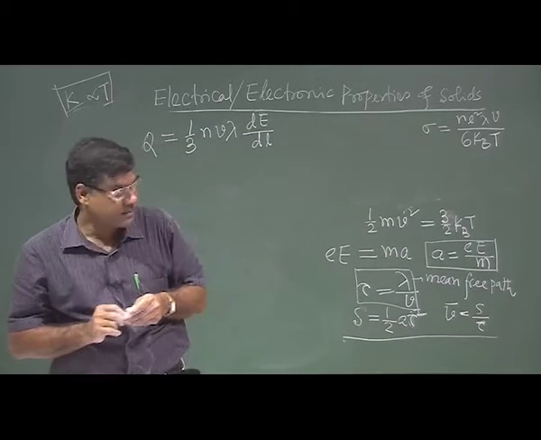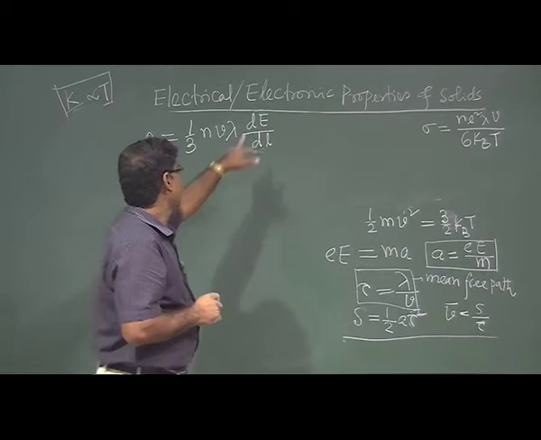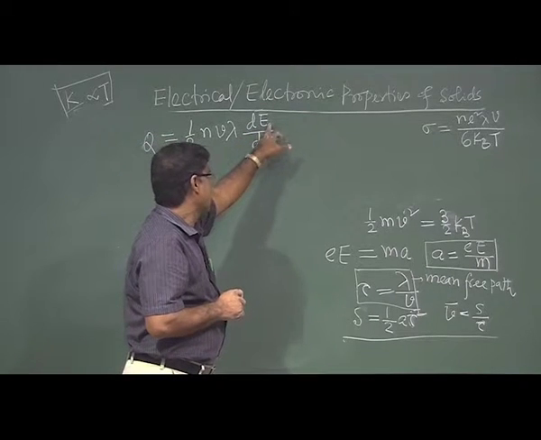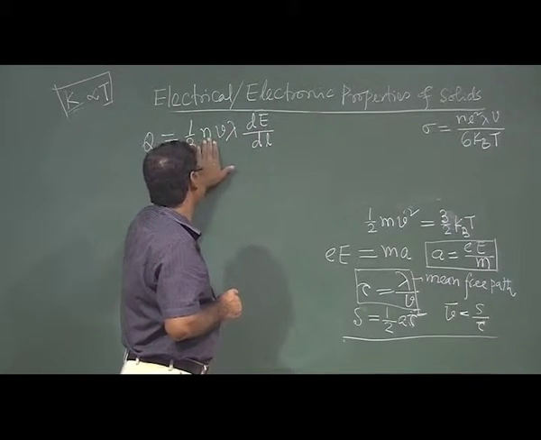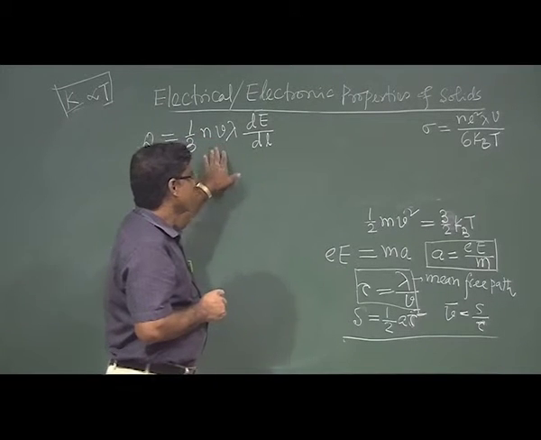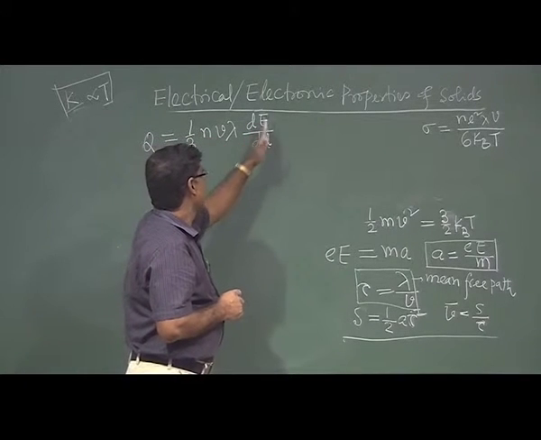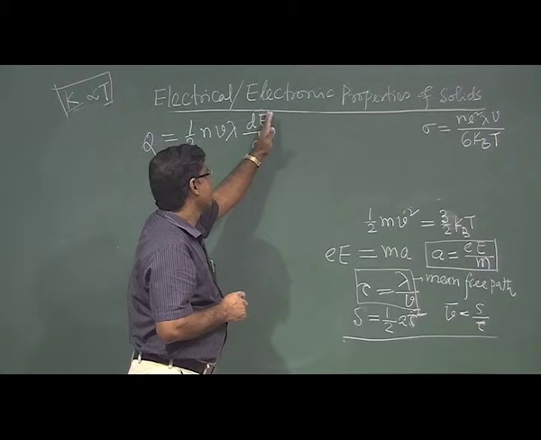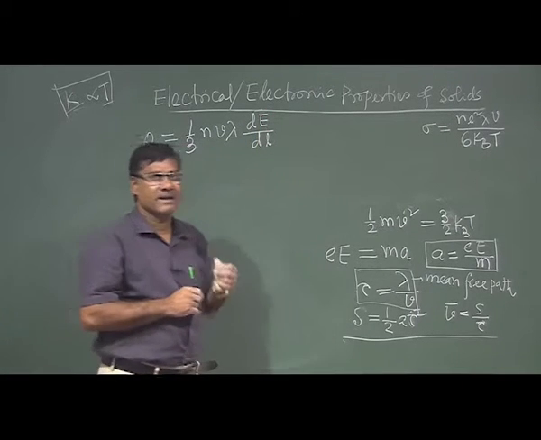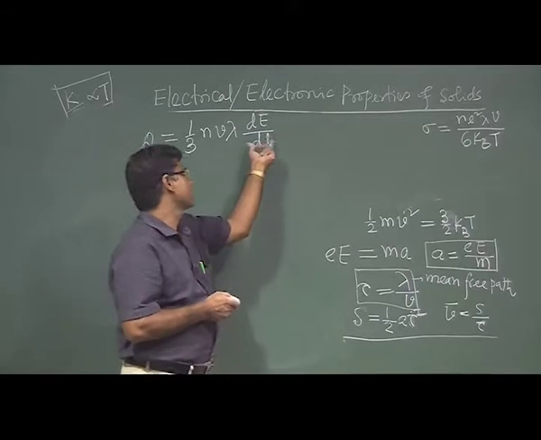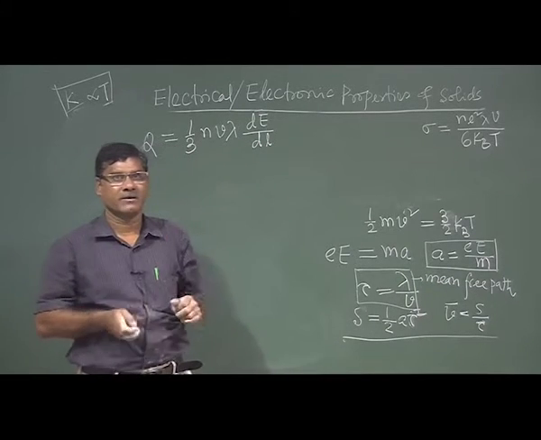E is the kinetic energy of these electrons, and this is the change of kinetic energy when it is passing through this length dl. Okay.